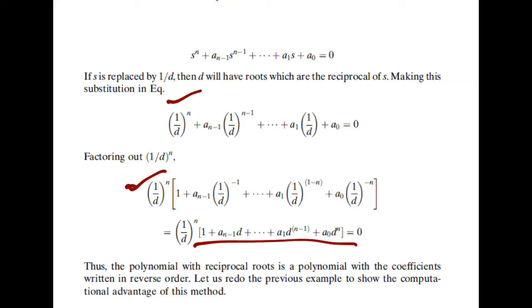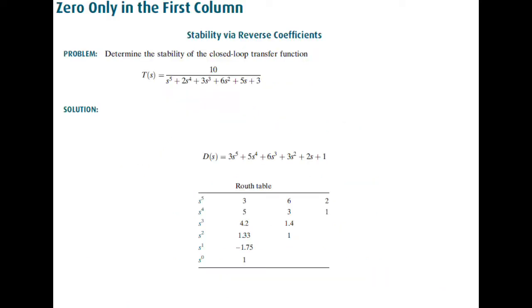Now let us redo the previous example to show how we can get a computationally efficient method for it. We have to determine the stability of the closed loop transfer function from the previous example.